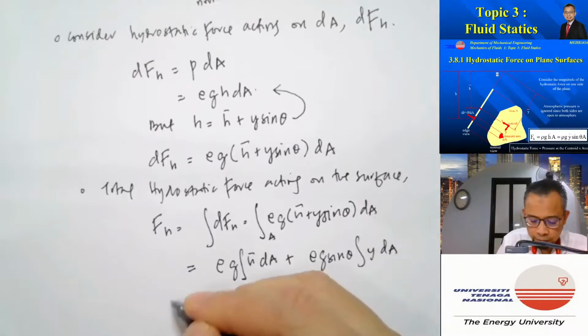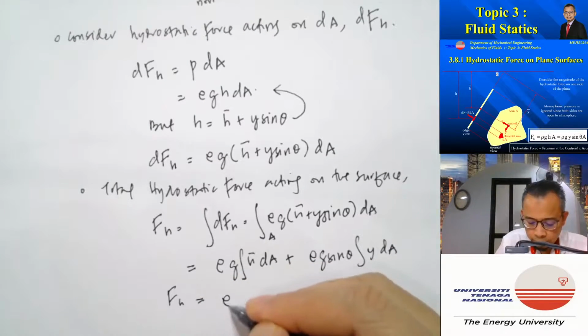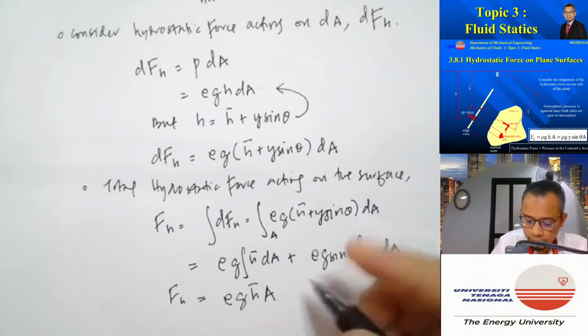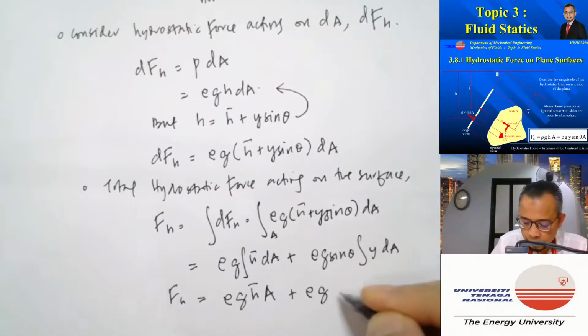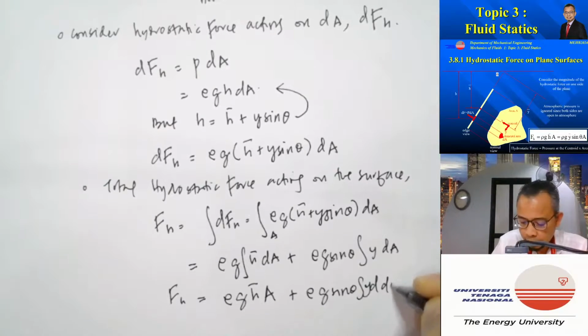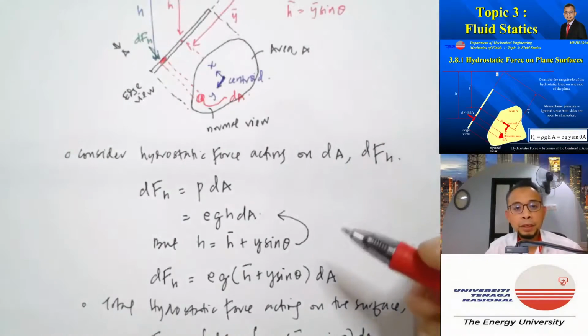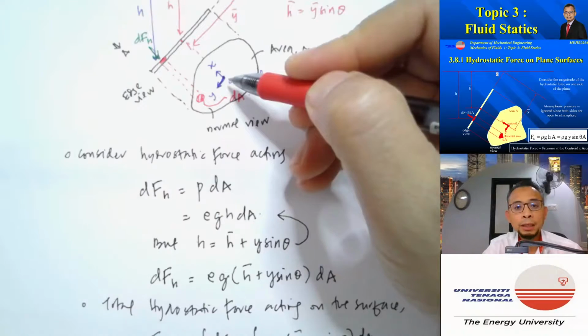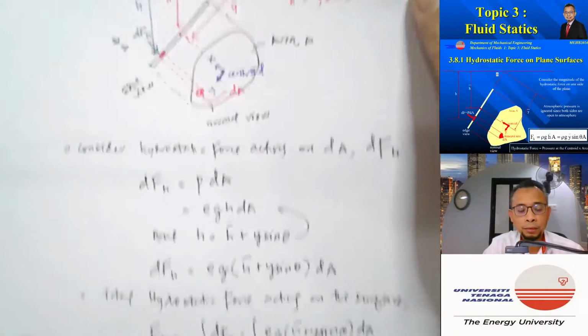So this is just equal to rho g h bar A plus rho g sine theta integral of y dA. By definition, since the origin is at the centroid, the integration of y dA is equal to 0.